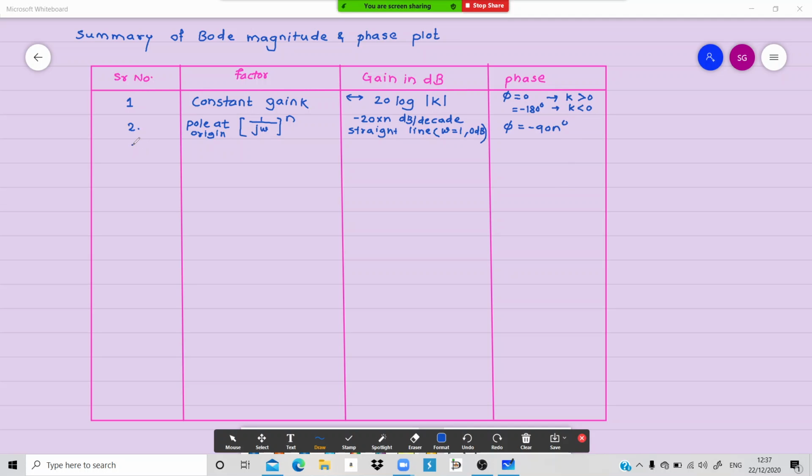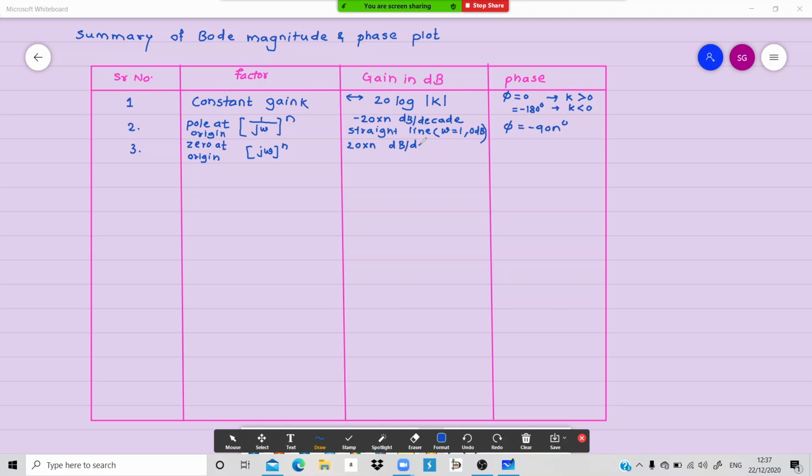And the same line we had seen for a zero at origin. So I'll write zero at origin. That means j omega raised to n. Very much similar to this. It was a 20 dB straight line multiplied by n, how many zeros you are having, per decade.